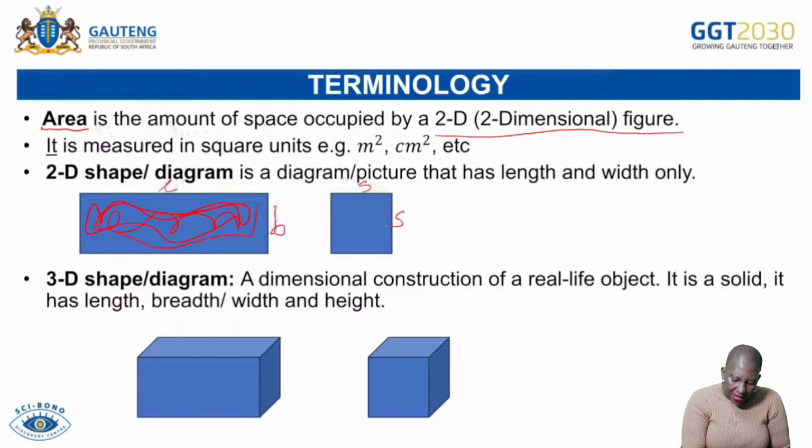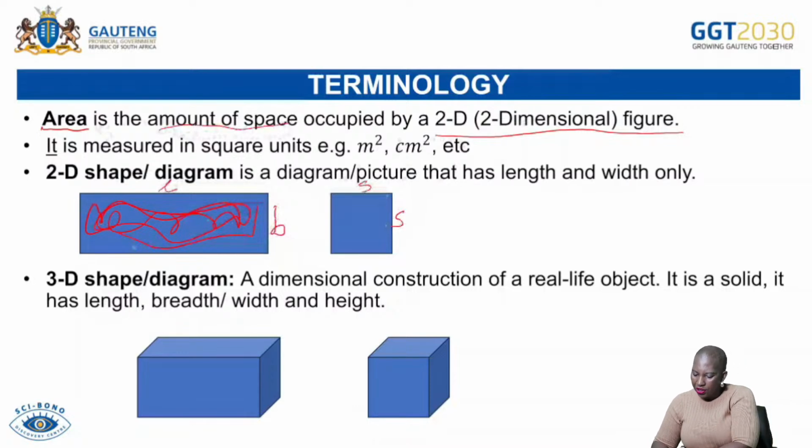We say area is the amount of space occupied by a two-dimensional figure. As you can see here, we don't see any other side, but we only see the front part. For example, say I am having a page here. If you see only this part of the page, then we say this is the two-dimensional.